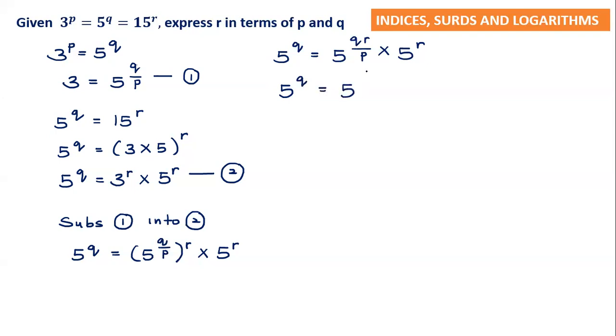So it's going to be QR over P, over P plus R. Got it? Why is it plus? Because of the times here. The times will change into plus.